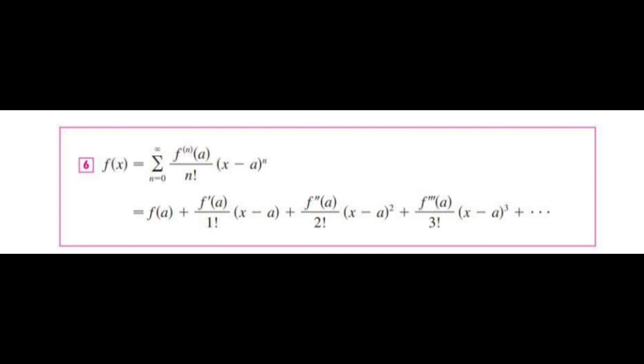If the degree of the derivative is 2, then the denominator is also 2 factorial.